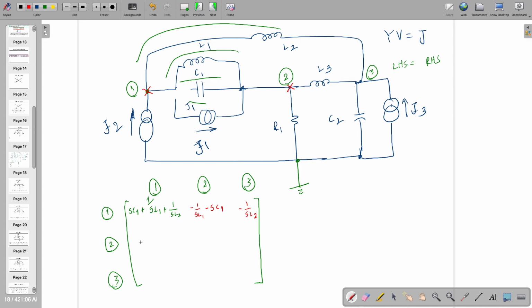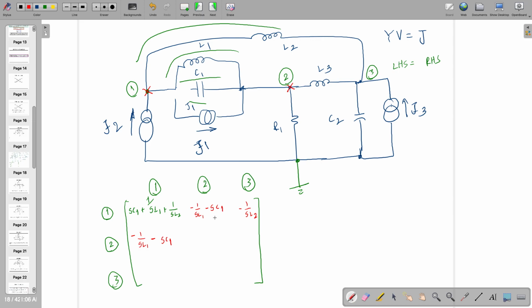Okay. So Y21, Akshita, Y21. Are you following or no? Following, then can you tell me what is Y21? Okay, minus SC1.